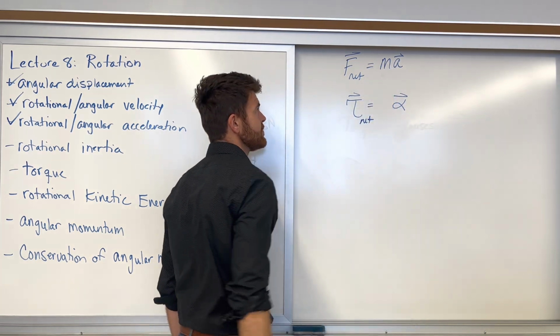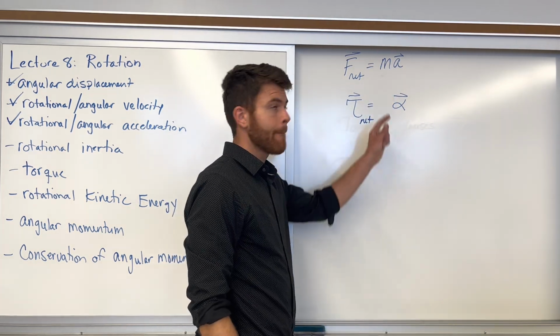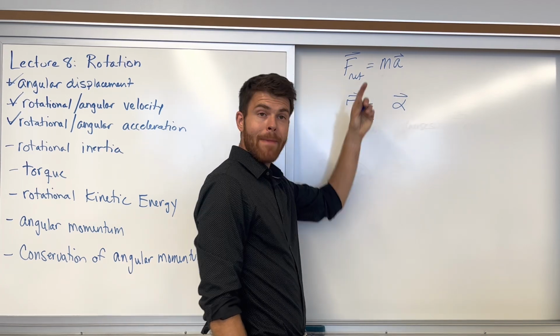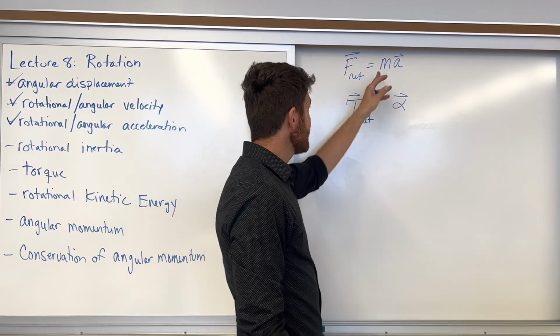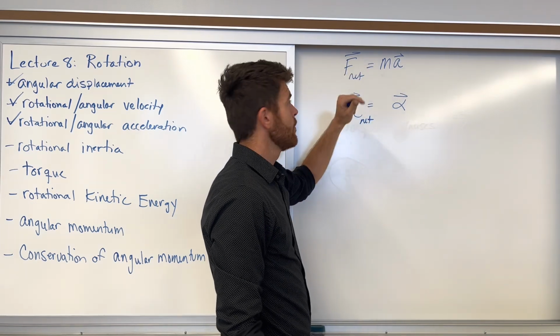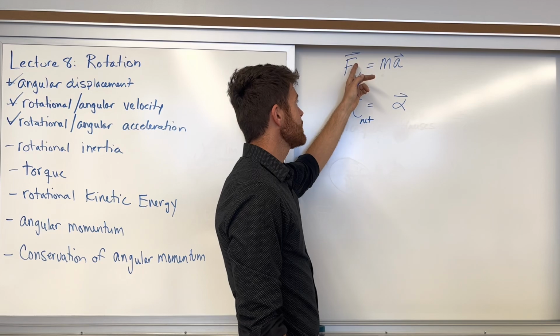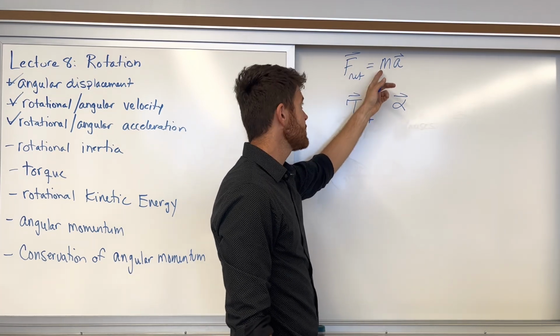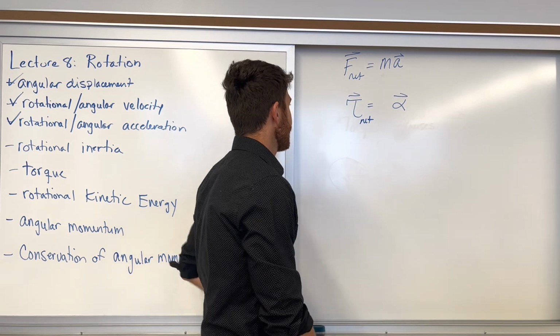But we have this inertial parameter here, that's the mass of the object. The mass of the object tells us how much acceleration results from a given net force. Or in other words, how much net force is required to accelerate an object with a certain inertia by a given amount.